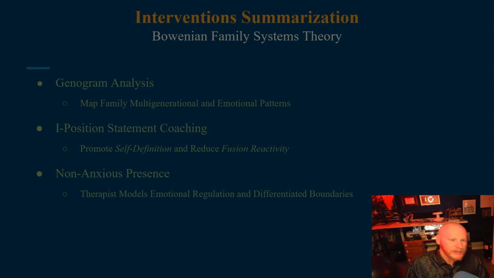So with Bowenian family systems theory, we have the genogram analysis. This has to do with interventions by trying to map out exact emotional patterns that they have multigenerationally. So we'd have a map of, okay, this is the dad. Is he detached? Is he fused?